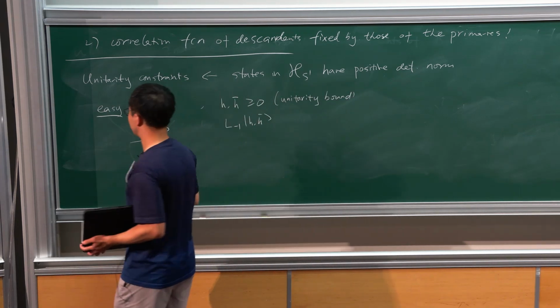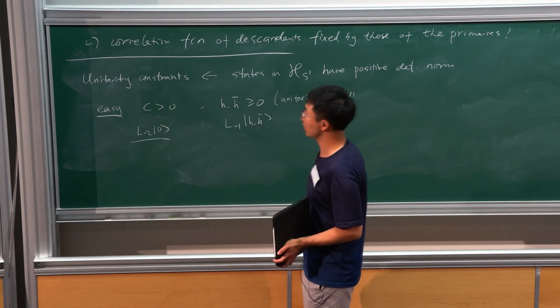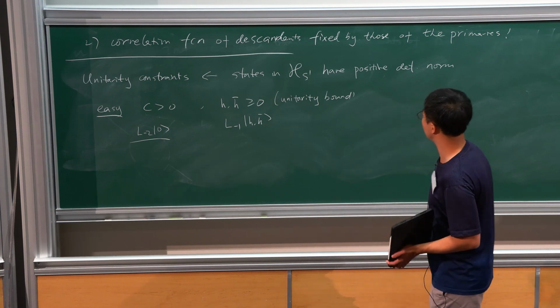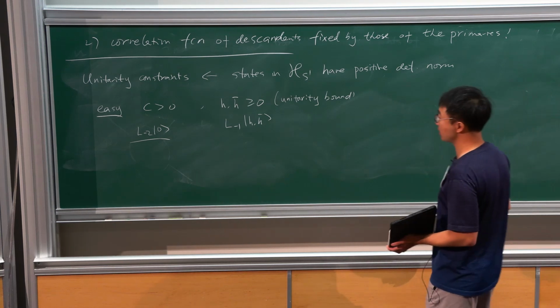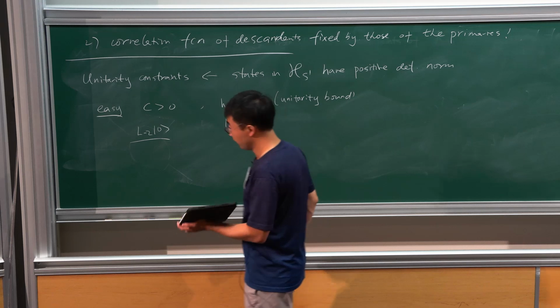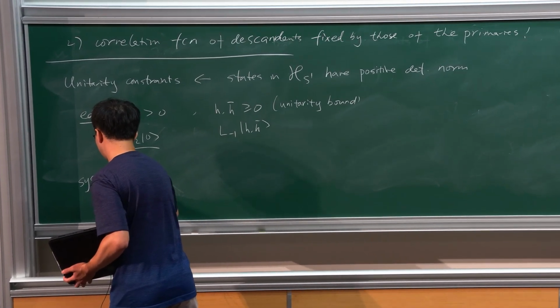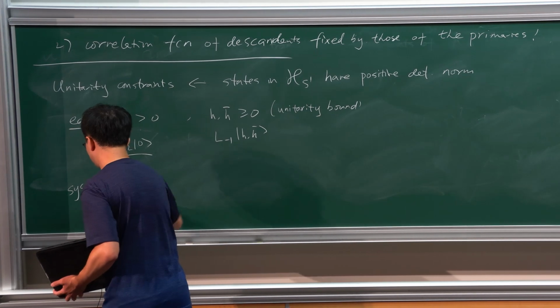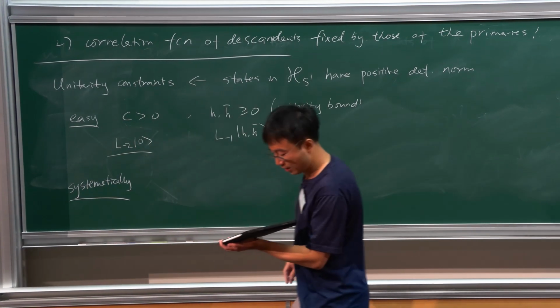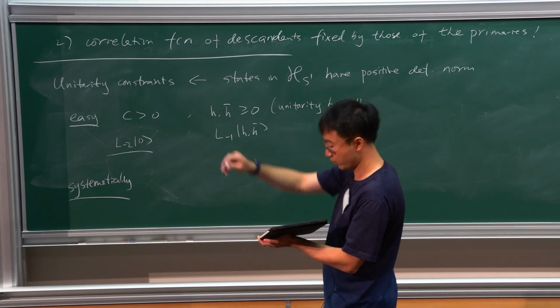Of course, these are just a small corner of the full set of unitarity constraints you can derive from the Virasoro algebra, combined with the hermiticity condition that we derived before. And this full set of constraints can be analyzed systematically, as it's summarized in the Gene Sparks review that I referenced over there.